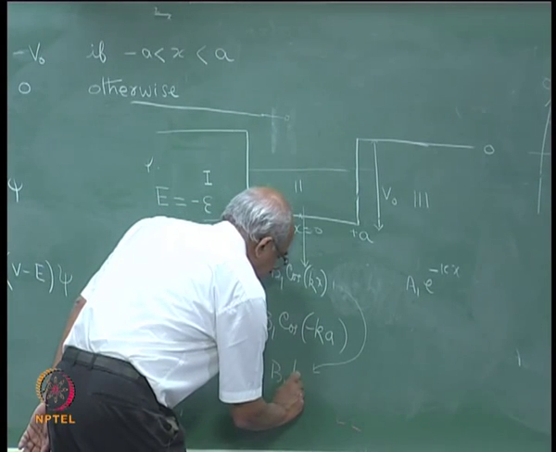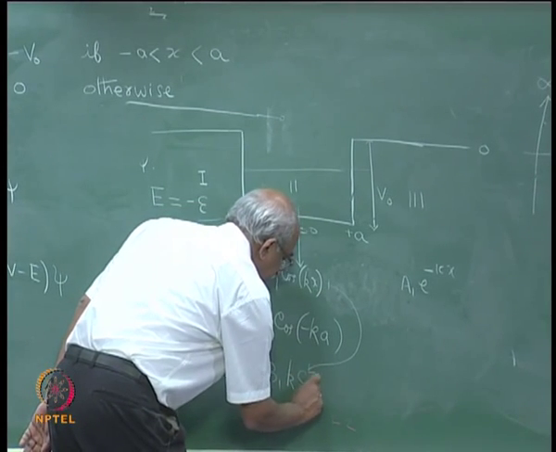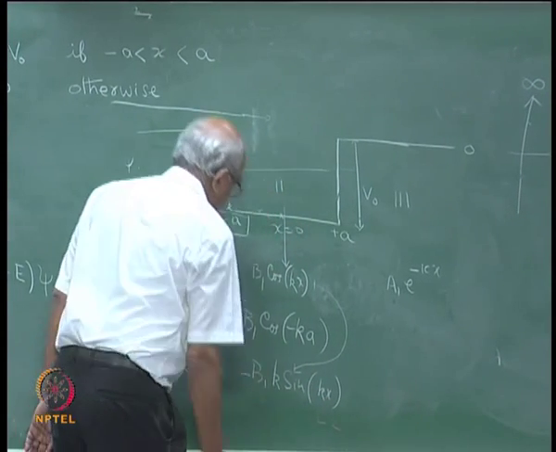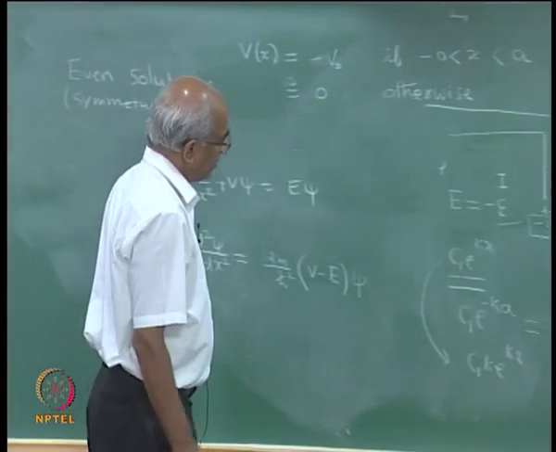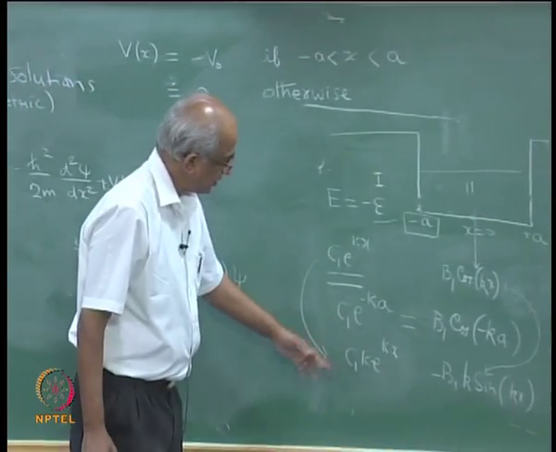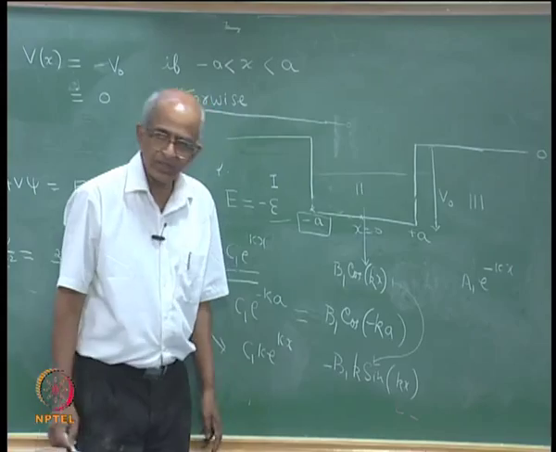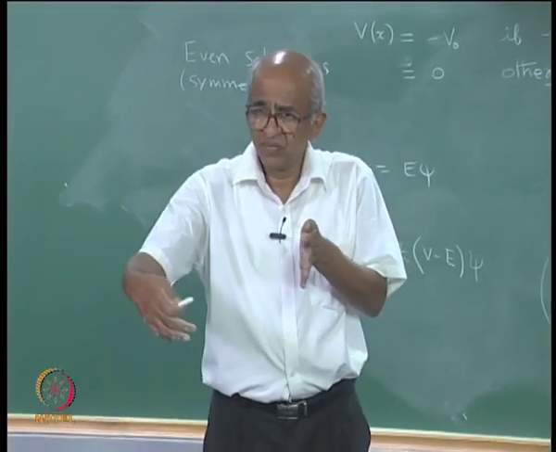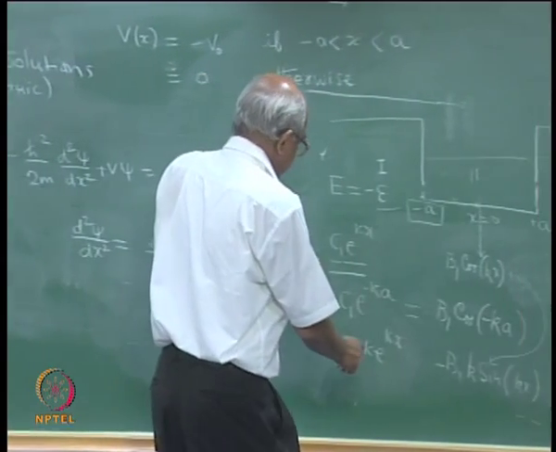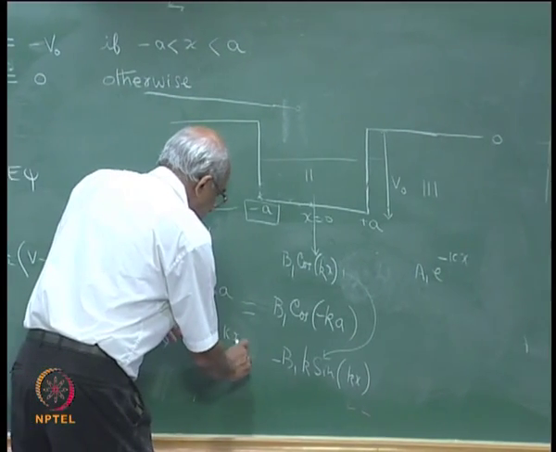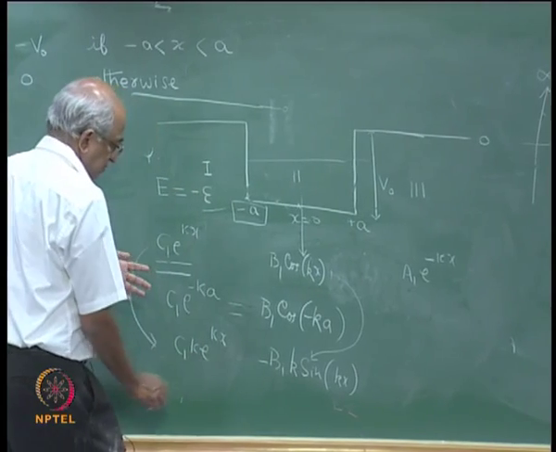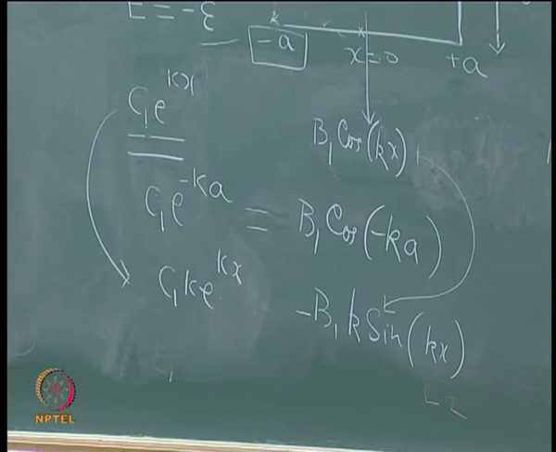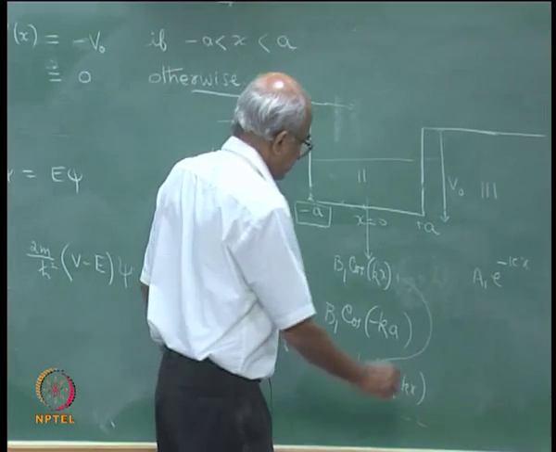The answer is k sin kx with a negative sign. So the derivative of the first function is so much, the derivative of the second function is so much, and at the boundaries these two have to be equal. So if you put x is equal to minus a, this and that have to be equal. Let us put x is equal to minus a.